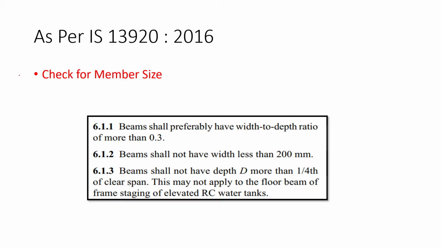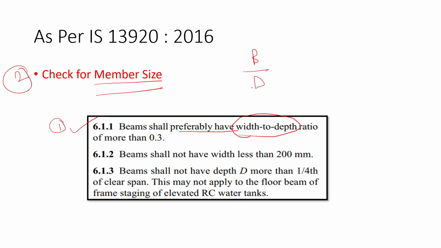Now second, check for member size. There are three checks basically for member size. First check is that the beam shall preferably have width to depth ratio, that is B by D ratio, more than 0.3.